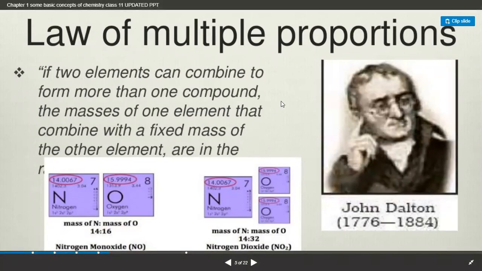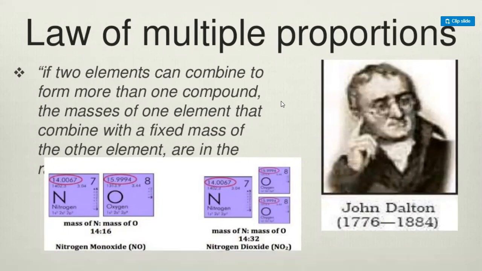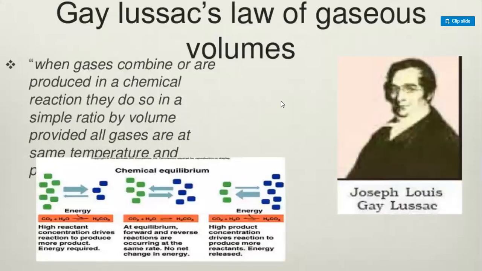For example, nitrogen and oxygen combine to form nitrogen monoxide and nitrogen dioxide; the ratio is 14 to 32 in one and 14 to 64 in the other. There is a proper ratio in which the elements combine.